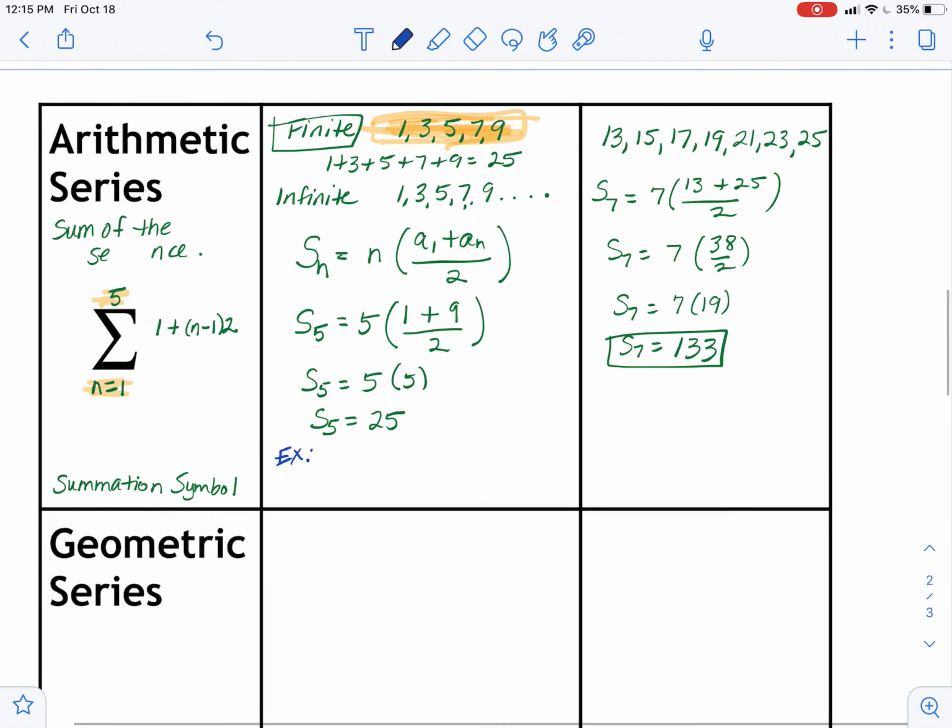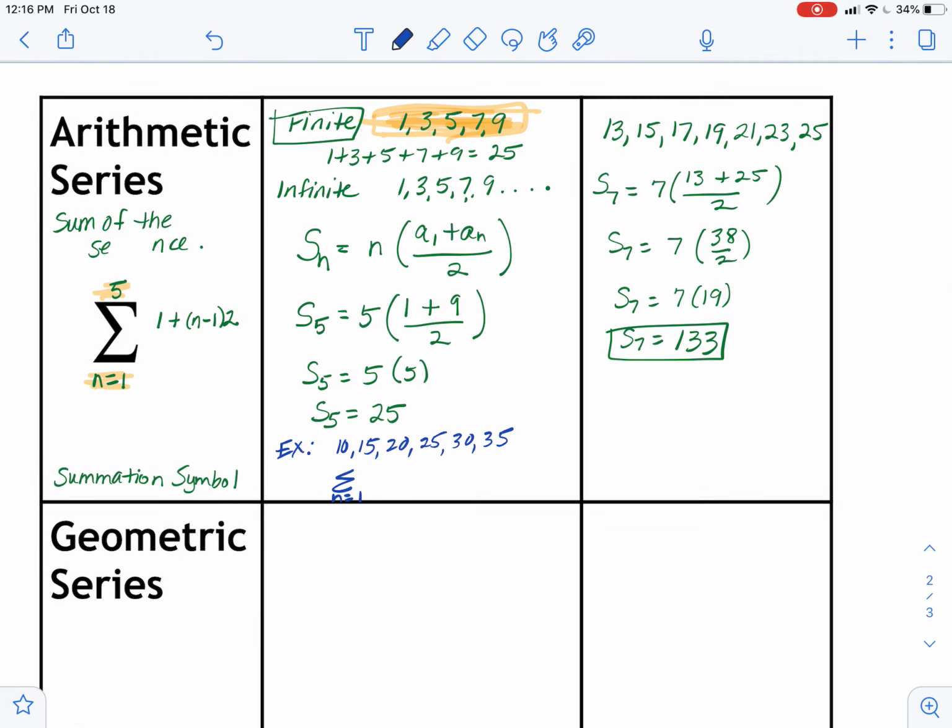Let's do something easy: 10, 15, 20, 25, 30, 35. Okay? That's going to be the sequence I'm going to work with. So what I would give you is this, and I want it from 1 to 6. Okay? And my formula is 10 plus n minus 1 times 5.